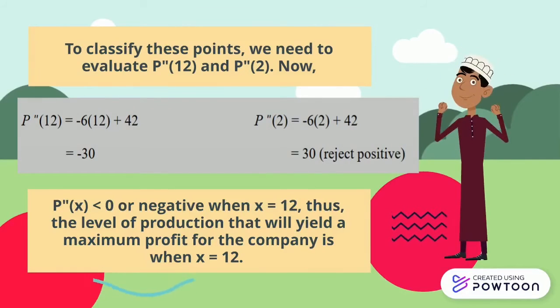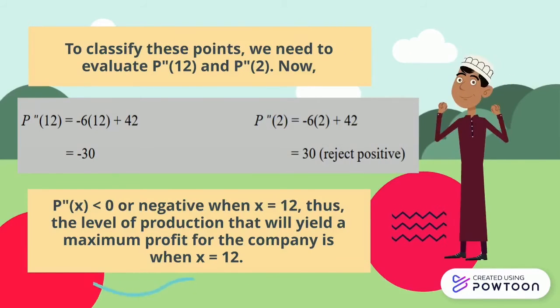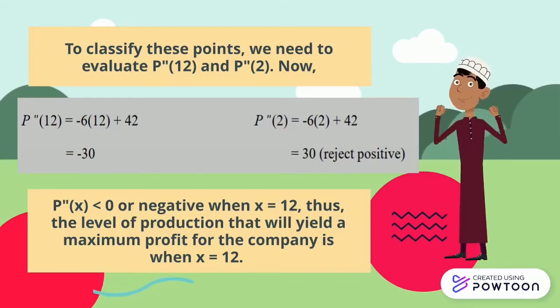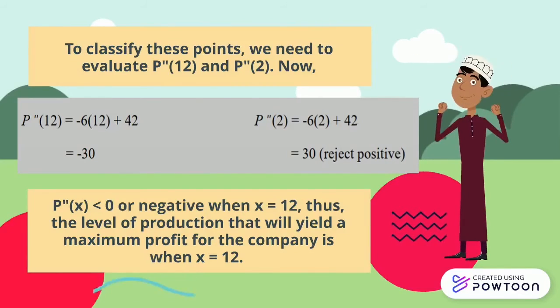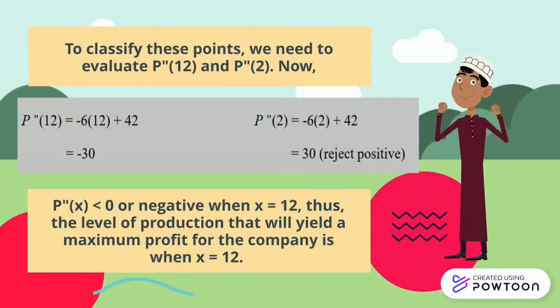We substitute 12 and 2 into the function and get negative 30 and 30. The 30 is rejected because it is positive. The second order derivative of the profit function is below 0, or negative, when x equals 12. Thus, the level of production that will yield a maximum profit for the company is when x equals 12.